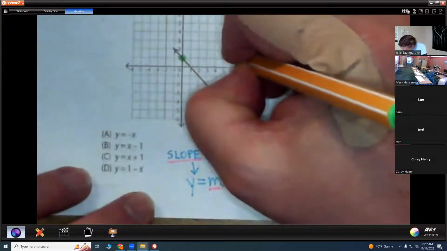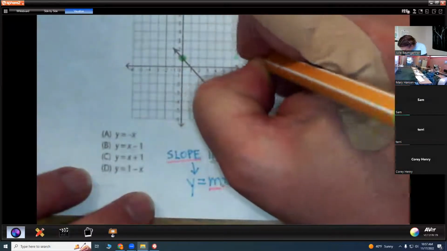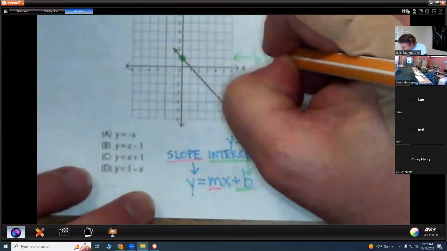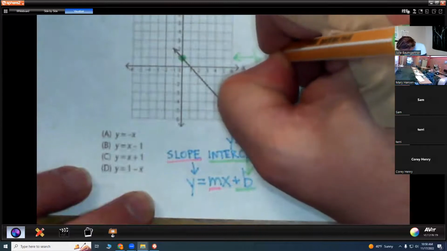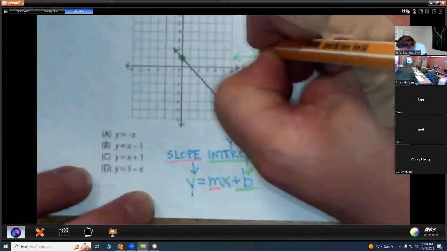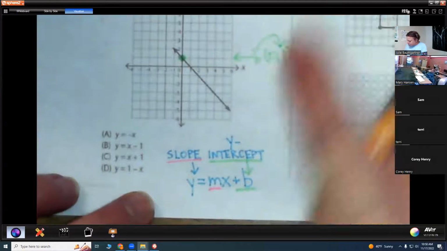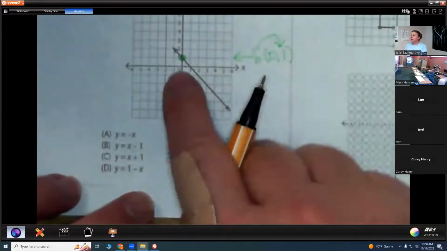Okay. So can anyone tell me the coordinates of B? 0, 1, right? X is 0 and Y is 1. Okay. So B in our equation equals 1.